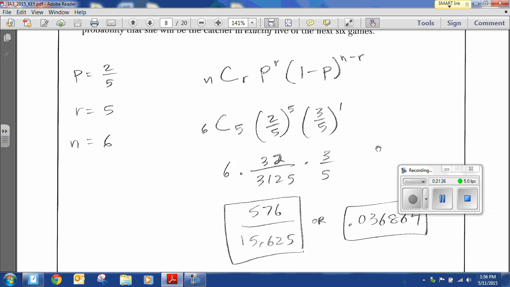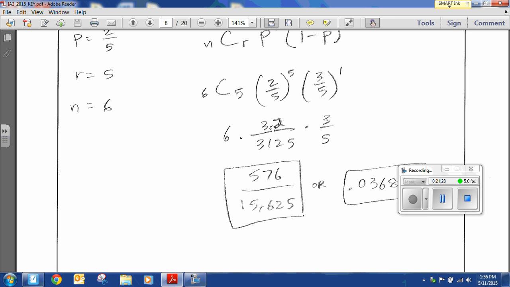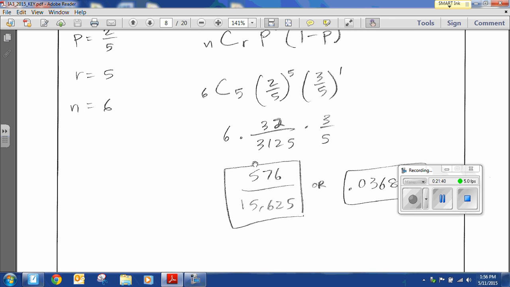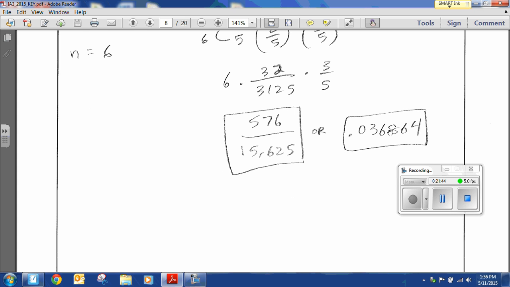And we have some fancy fraction math, no big deal. We can use our calculator if we need to, and we end up with 576 over 15,625. That is the exact probability, so you must express your answer in fraction form. If you express it as a decimal, you'll probably lose a point.